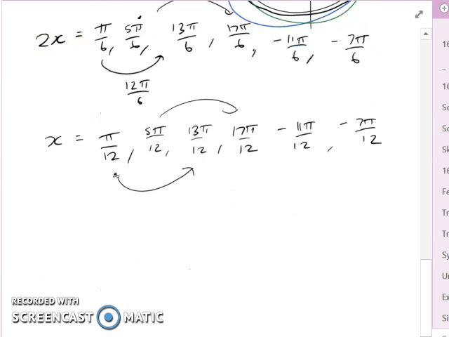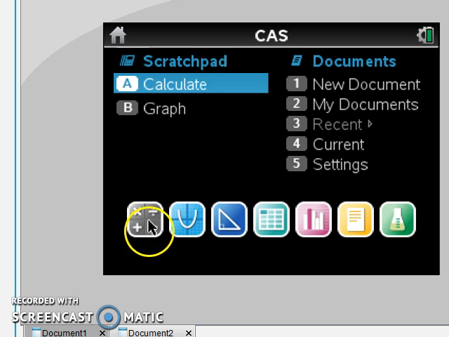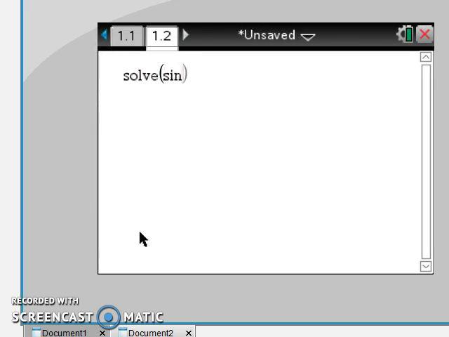So let's use the CAS to work out all the solutions, and then let's do one more together. If you go into your calculator settings, solve sine of 2x equals 0.5 for x when x is between negative 2 pi and 2 pi.